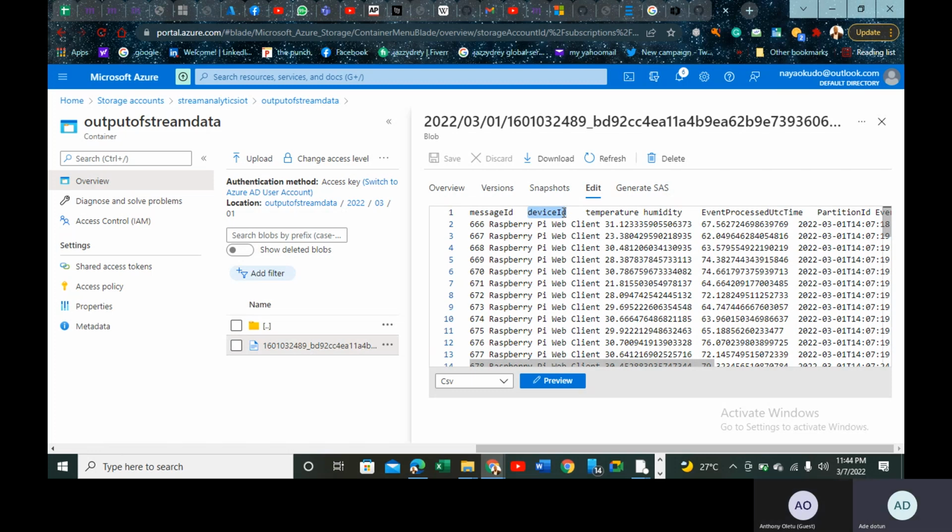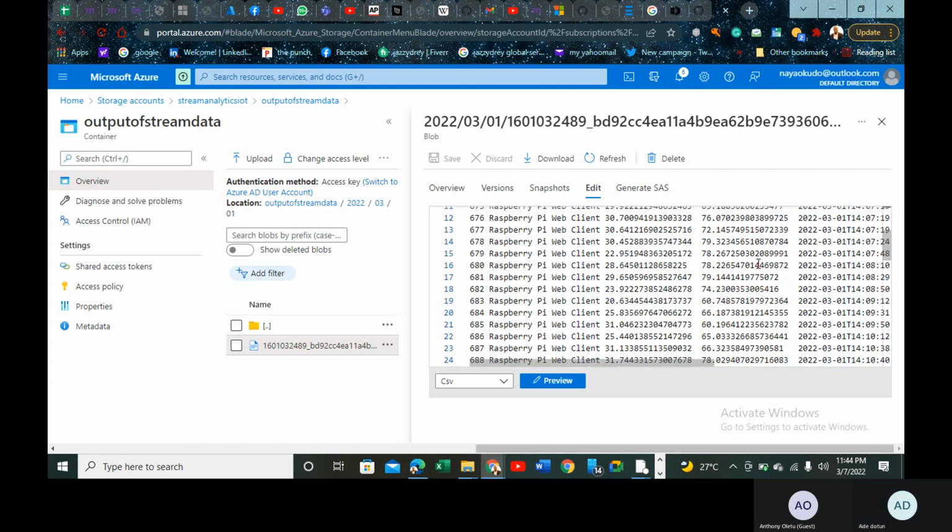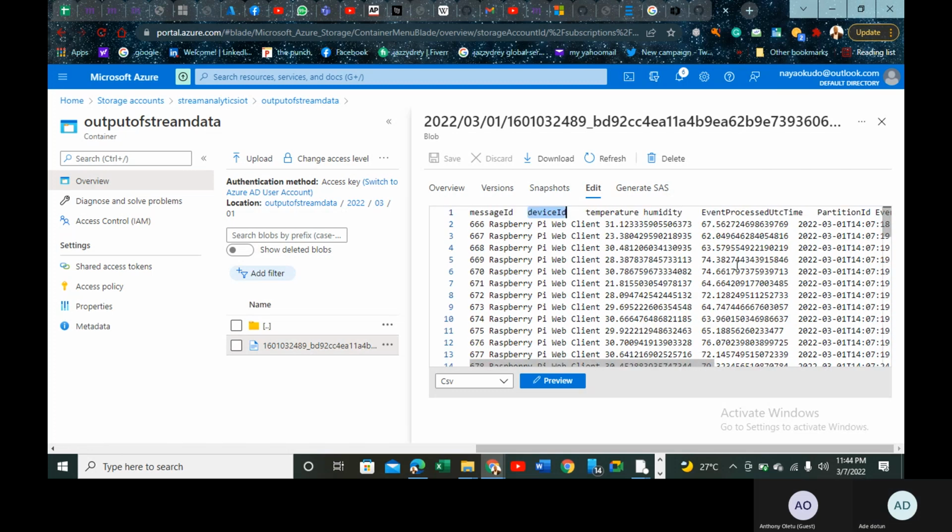There's temperature, humidity, event processing time. So basically this is how it looks.